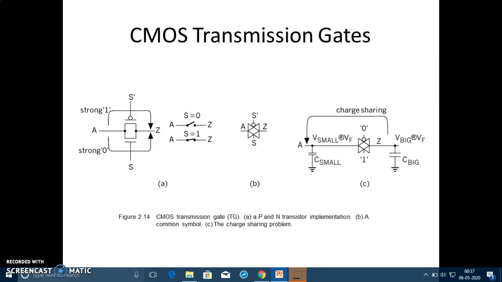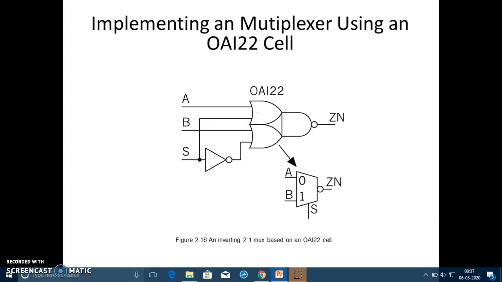Next, RC delay model. In the RC delay model, we see where the delays occur. Next, Elmore delay model.